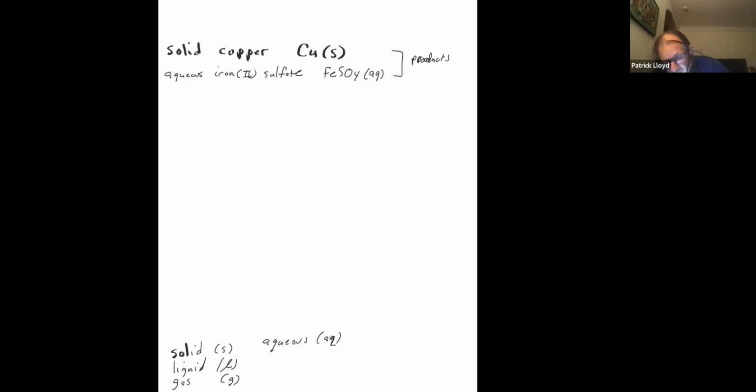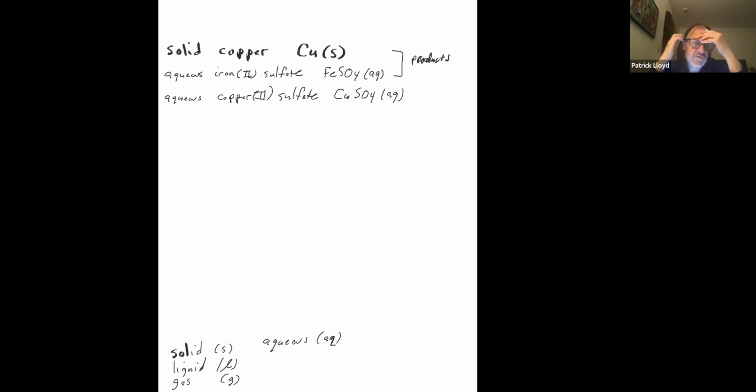Because it says they're produced from or by the reaction of aqueous copper sulfate, copper 2 sulfate. Again, they give you the formula here. There's a relatively simple way to figure out what the chemical formula is, but I'm not going to go over it because they give it to you here.